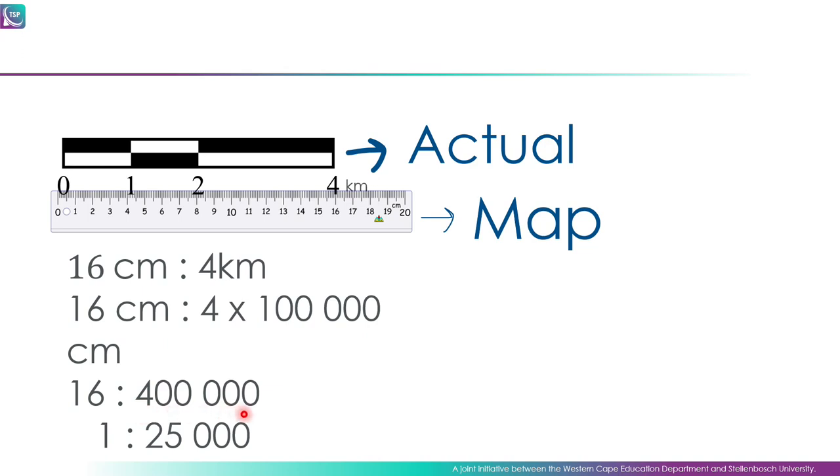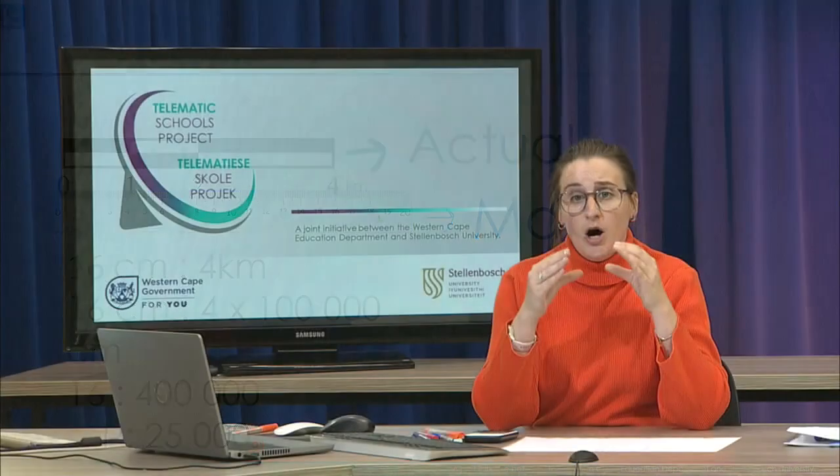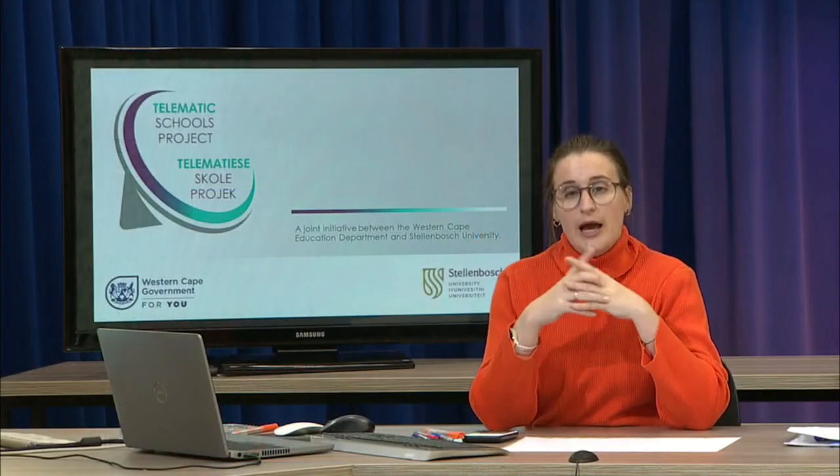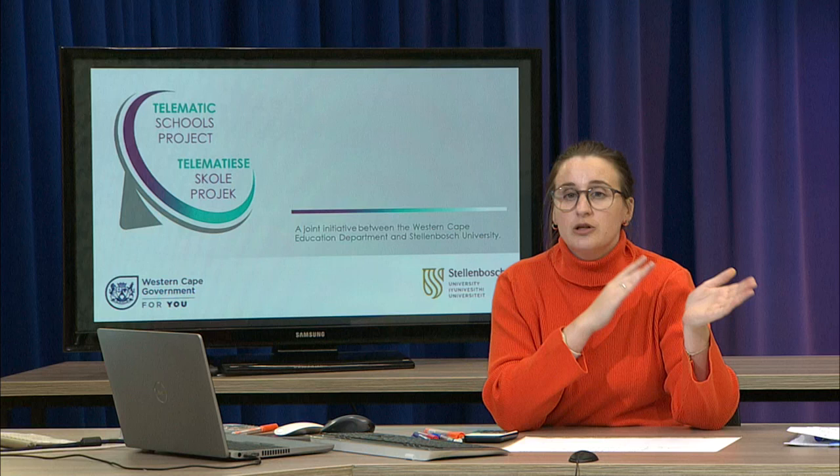So now we have 16 is to 400,000. But to go into a unit ratio, I'm going to say 16 divided by 16, and then 400,000 divided by 16, which will then give me 25,000. So now I've shown you how to also take a bar scale when it's given to you and convert that into a unit ratio.